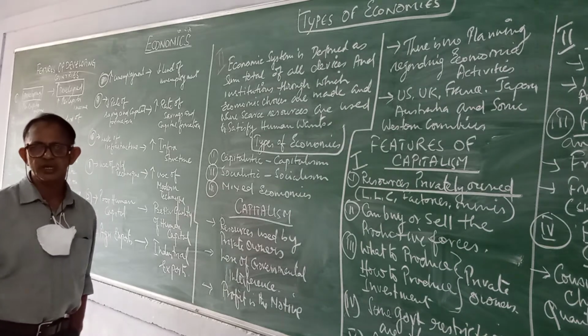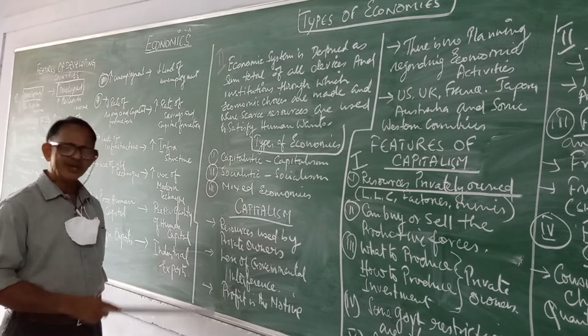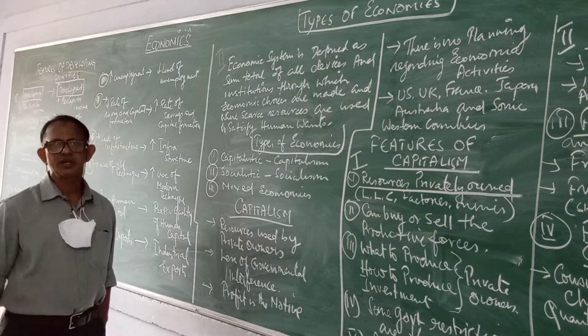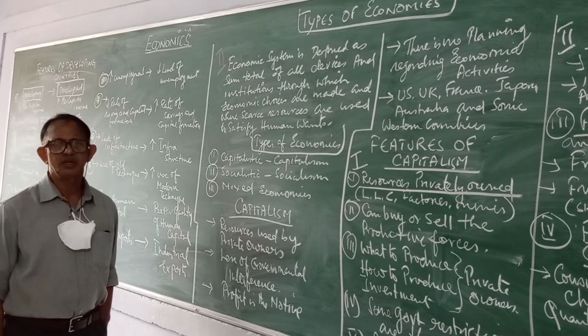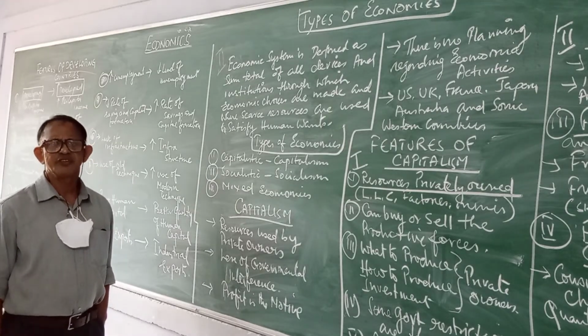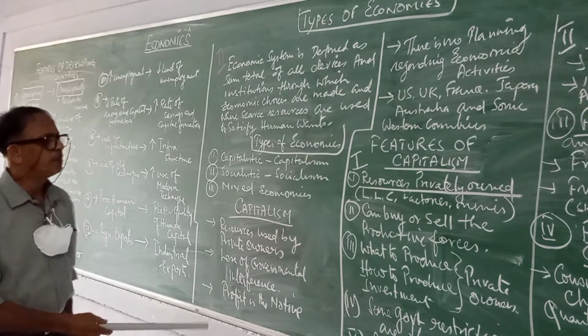And a more important point is that the government does not interfere. I don't mean to say that the government does not interfere totally. If the involvement of the private owners is 95%, there is 5% involvement or interference by the government.